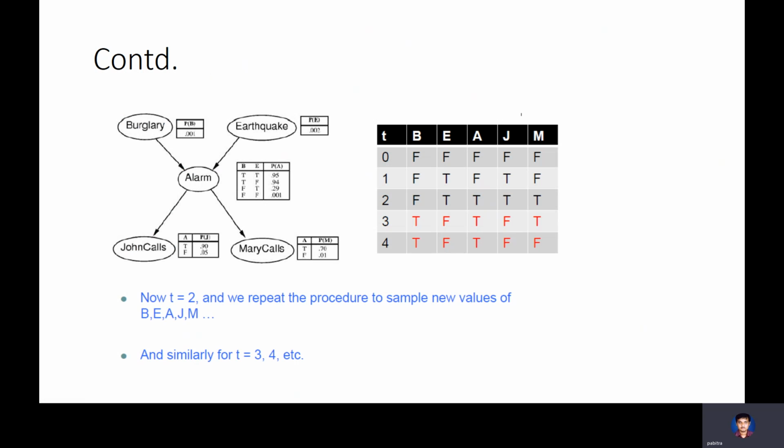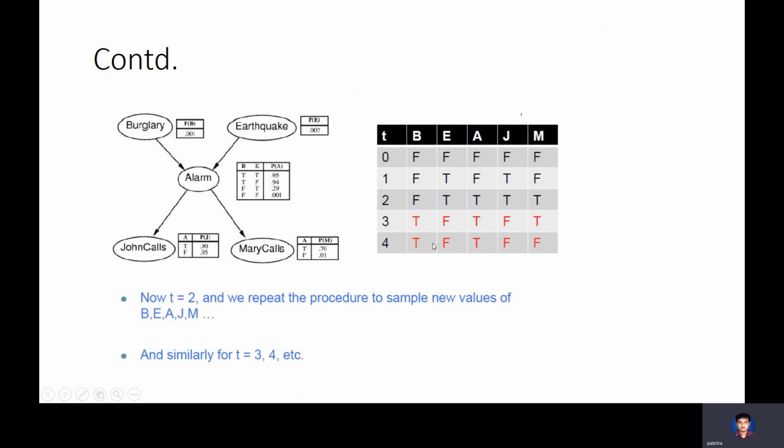Okay, so now, as if from this table, I can answer any query. For example, I want to answer the query: what is the probability that Mary calls given there is burglary? So what do you do? You pick up the rows in which burglary is true.